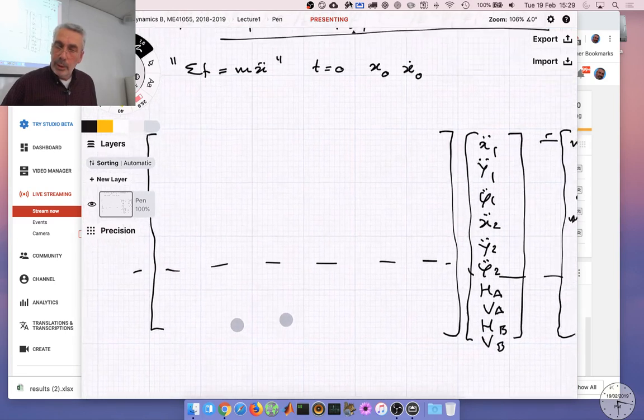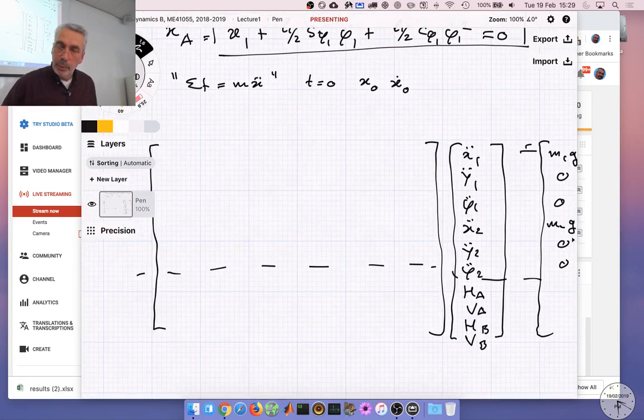Then in this side we have to write our equation of motion, which was for one part mass times acceleration, and for another part constraint forces, horizontal force in A, horizontal force in B. So for instance, my first equation was m1 times x double dot 1, and then nothing actually, because it's just the sum of horizontal forces, mass times acceleration.